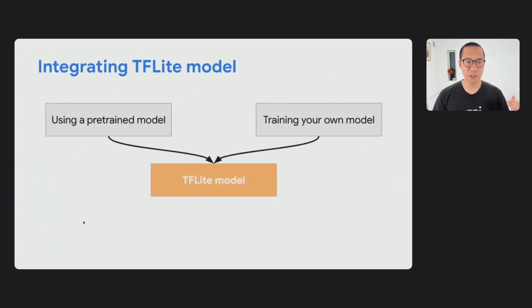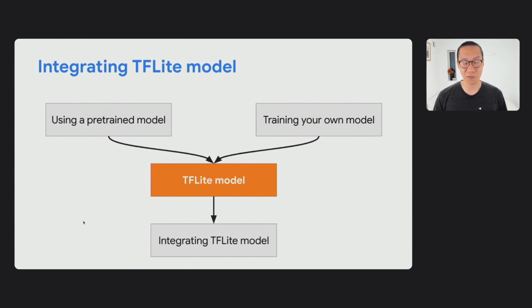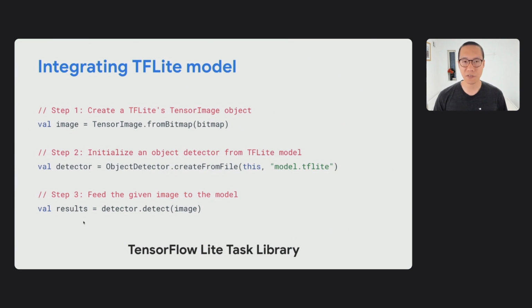So either by using a pre-trained model or training your own model, now we have a TensorFlow Lite model that can detect objects. And the final step would be to integrate that TensorFlow Lite model into your app. You can use the TensorFlow Lite Task Library to integrate a TensorFlow Lite object detection model into an Android app in just a few lines of code. You can see that here there are 3 steps to do that.